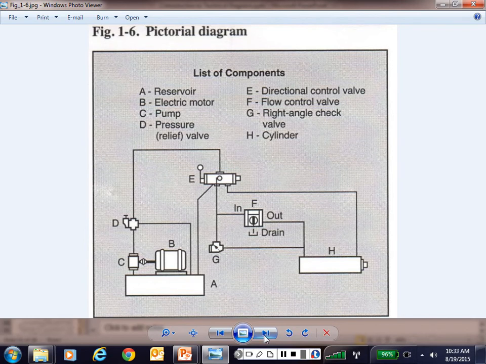This is a pictorial diagram of a fluid system. So to get work, we have to cause things to move. Everybody understand that?